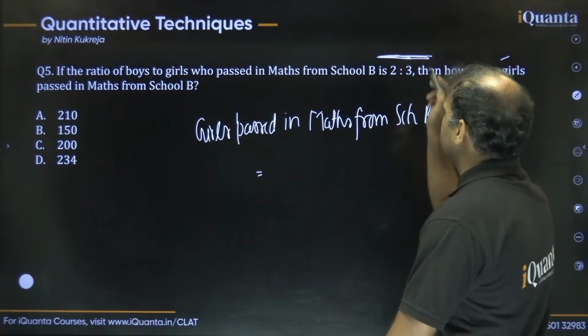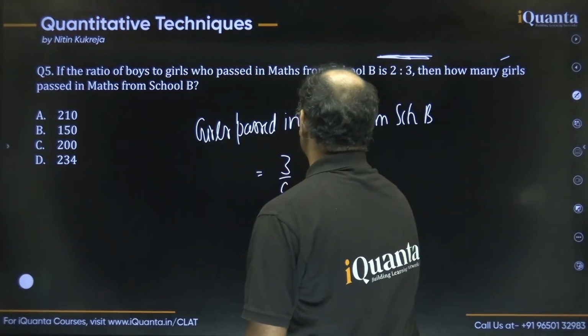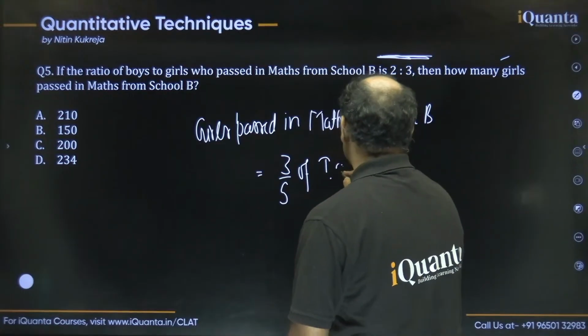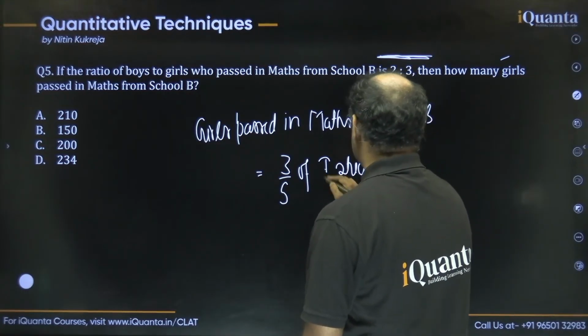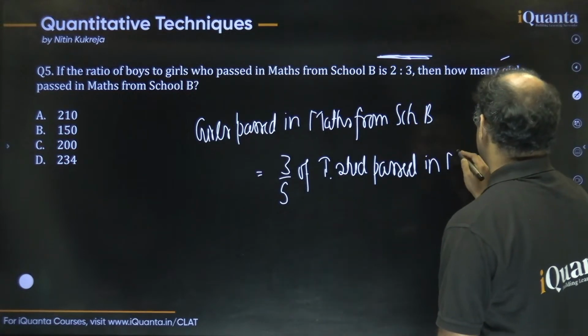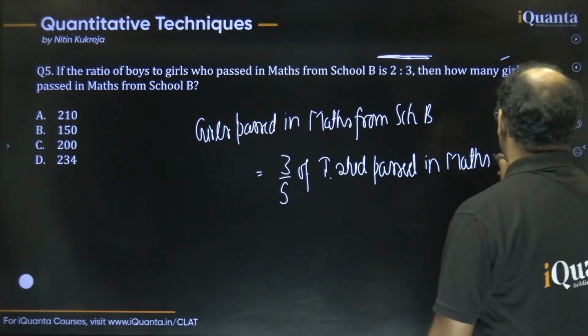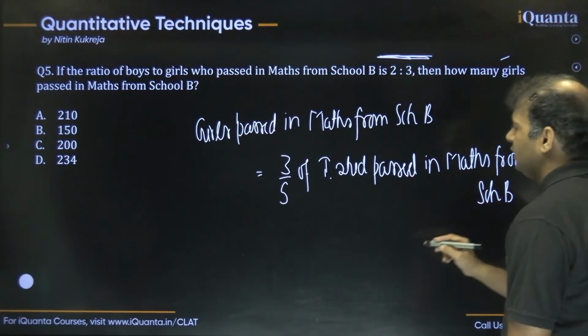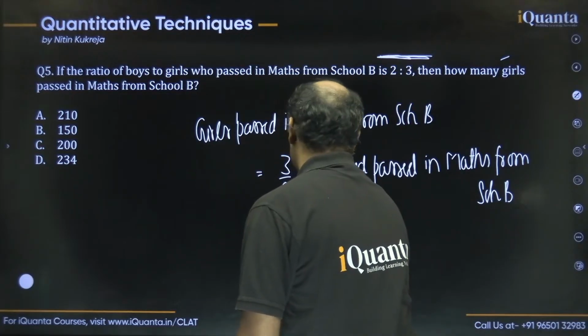So the fraction of the girls must be 3/5, I'm sure you understand. She should be 3 by 5 of the total student passed in maths from school B, simple. Okay, now how do we find this thing? 3 by 5 of the total student passed in school B.